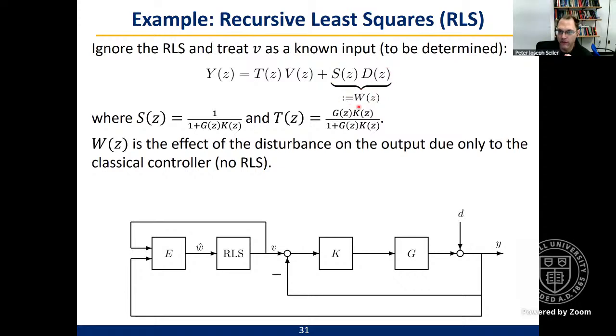So W, think of as the signal left over after you've approximately canceled or attenuated the disturbance in this inner loop. Then I'm going to inject a new signal V, and the transfer function from V to Y is what's called the complementary sensitivity function. That's given here. So the output will be the sum of the two pieces. The piece that you've injected with V, and then the part that's left over of the disturbance after you've done this baseline control.